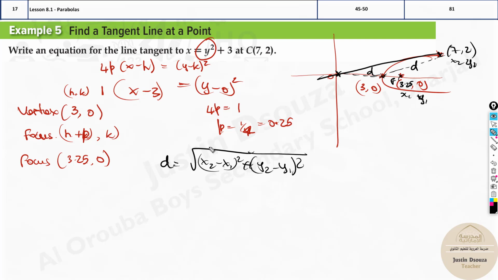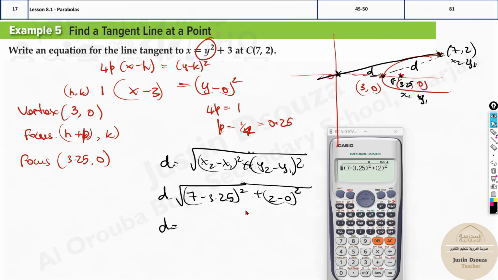You can take it the other way around, you'll get the same answer. Now first x2 minus x1. So x2 is 7 minus 3.25 the whole square plus y2 is basically 2 minus 0 the whole square. Okay, this is it. Now you put this in the calculator and solve it.